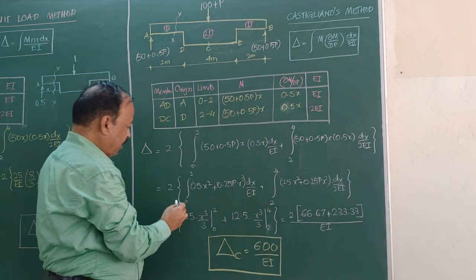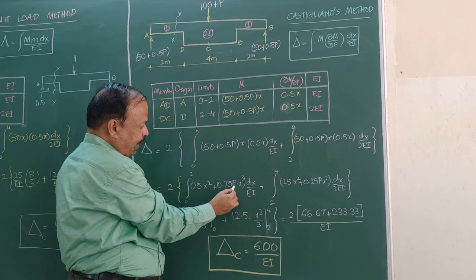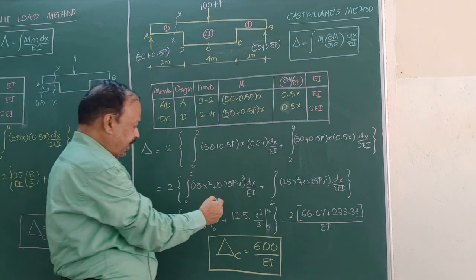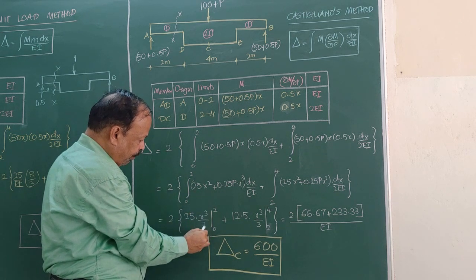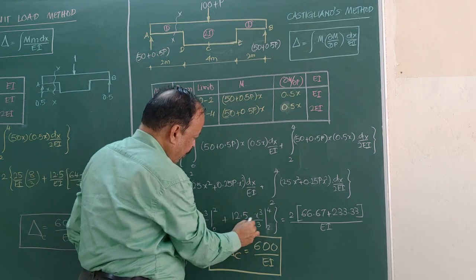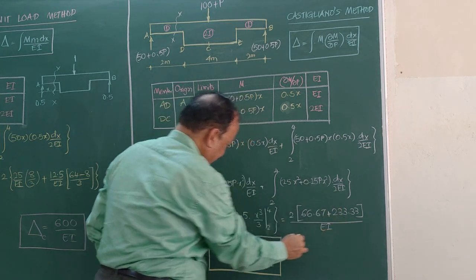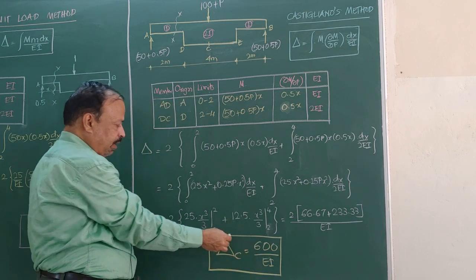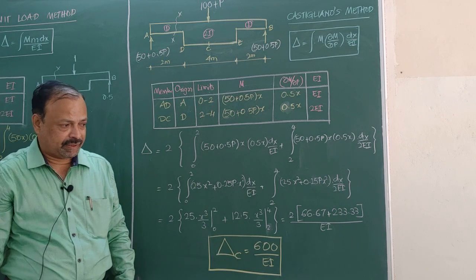While taking integration, we have to neglect this P, because P is a fictitious load, hence P is treated as 0, and on integration you get 25 x cube by 3 between the limits 0 to 2, then 12.5 x cube by 3 between the limits 2 and 4, and at the end we will get delta C equal to 600 by EI, which is the same as all other methods. Thank you.